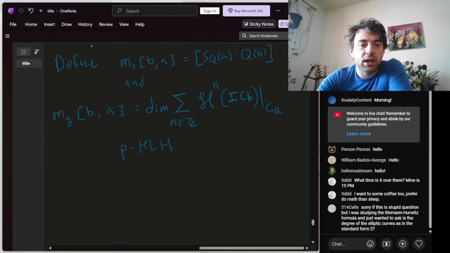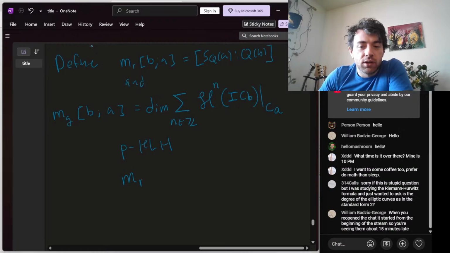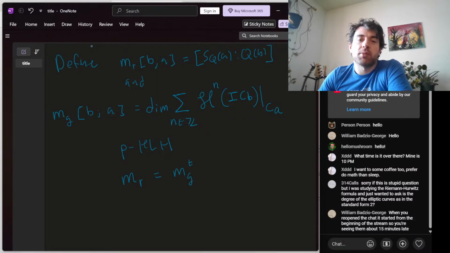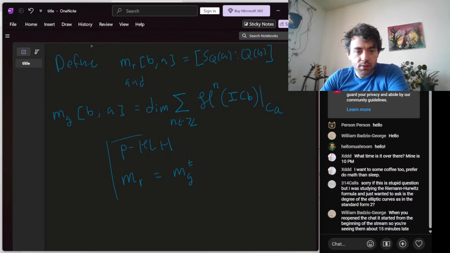And the p-adic Kazhdan-Lusztig hypothesis predicts that in general, the representation theory matrix will be equal to the transpose of the geometric matrix, which is incredible.